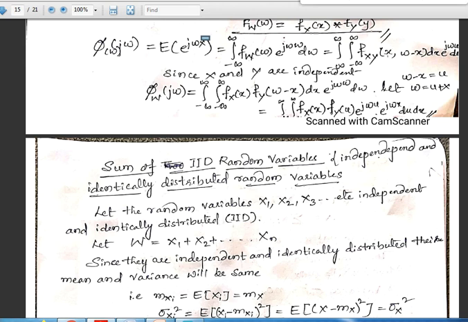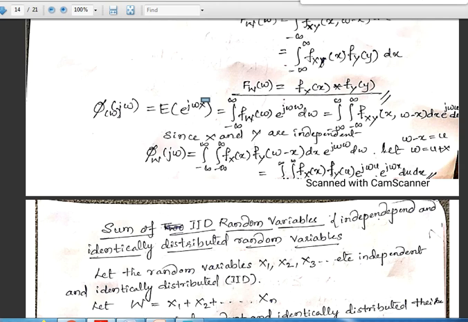So the conclusion is, in case of two independent random variables, fw of w is the convolution of fx and fy, and the characteristic function is the product of those.